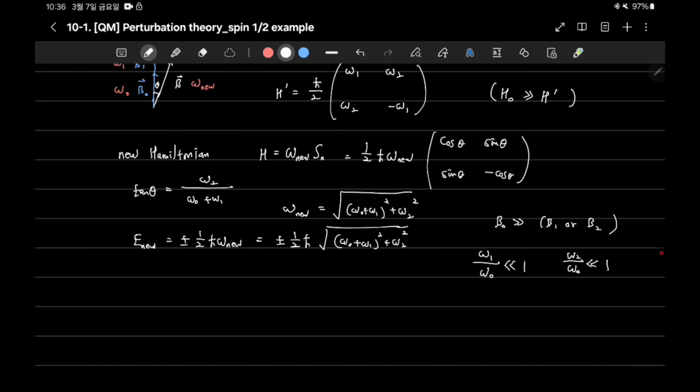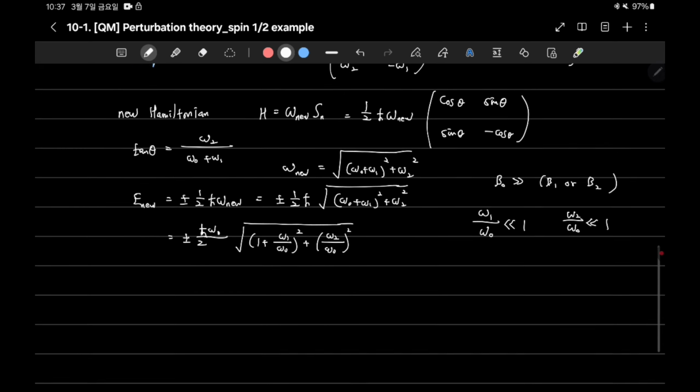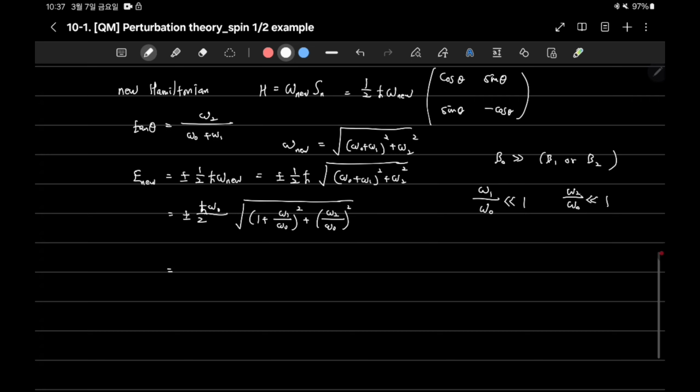So this new energy is plus minus 1/2 h bar omega 0 times the square root of 1 plus omega 1 over omega 0 squared plus omega 2 over omega 0 squared.